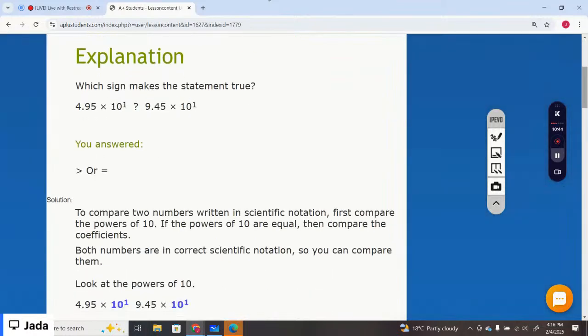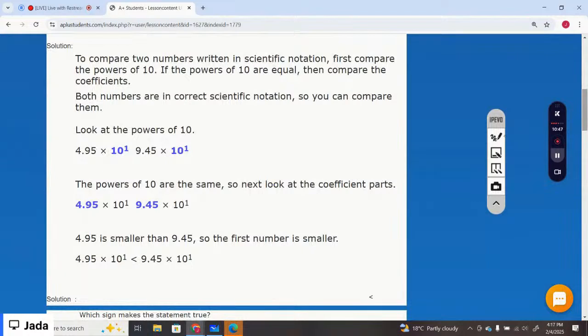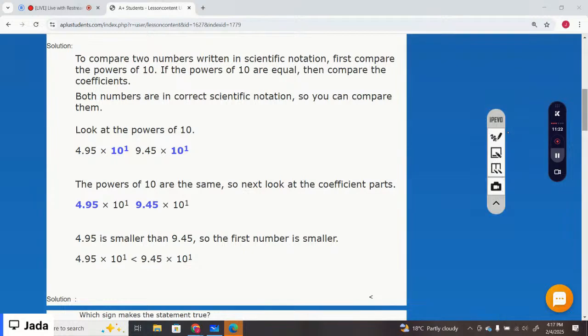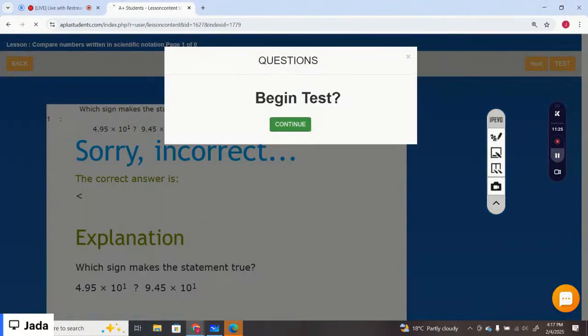So you have to compare the numbers, right? Whenever we compare numbers, the first thing you have to compare is the exponents of 10. Here both the exponents are exactly the same. Now you have to look at their coefficients, these numbers. Obviously 4.95 is smaller than 9.4. So 4.95 times 10 exponent 1 is less than 9.4 times 10 exponent 1. Let's just start with the test questions.